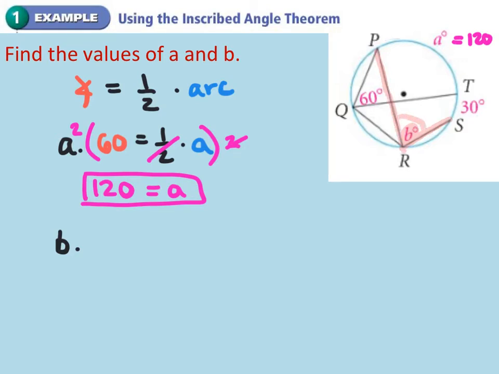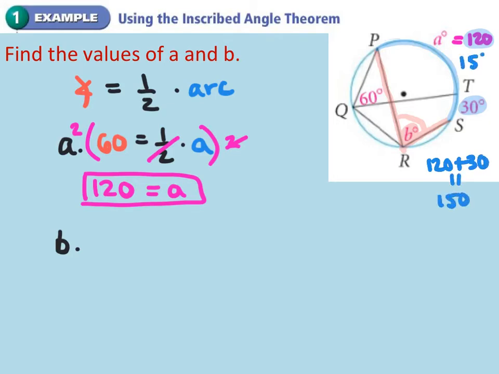And the intercepted arc that goes with B starts with P, goes all the way across to this S. Now the length of this whole arc is going to be the sum of the 120 and the 30. So if I were to add those two arcs together, 120 plus 30 gives you a value of 150.